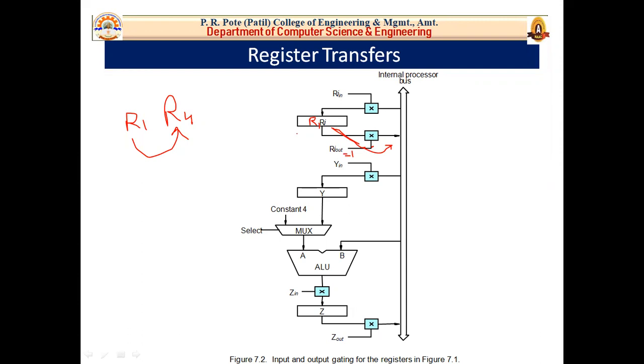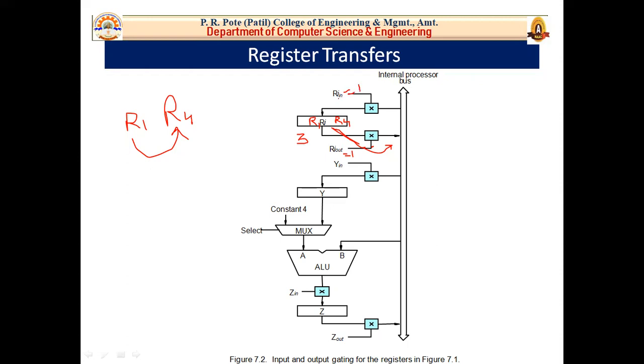Now let's consider your R1 is containing 3. Now we have to transfer the data of this R1 to the other register R4. Now let's consider here is your R4 register. Now to place the contents from the processor bus to R4, what do we have to do? We have to set this Ri in control signal to 1.